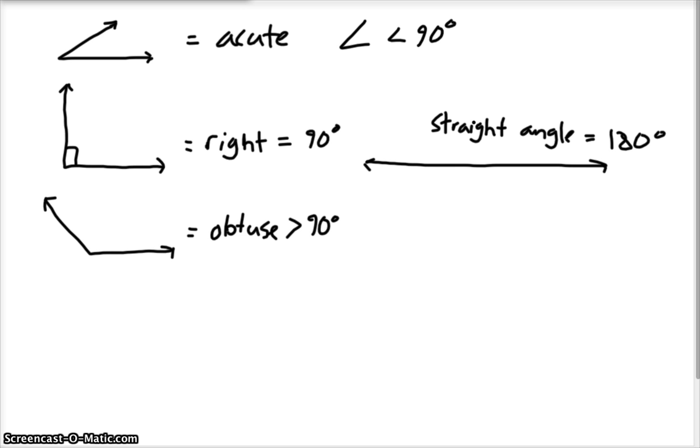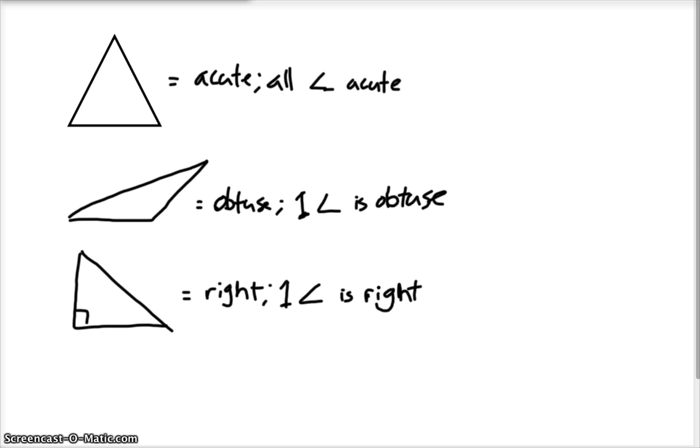Good. Next thing, when we take that information, we can also apply it to triangles. There are different names of triangles. We have acute, obtuse, and right. And it all depends on what angles make up the triangle. So an acute triangle has all acute angles.